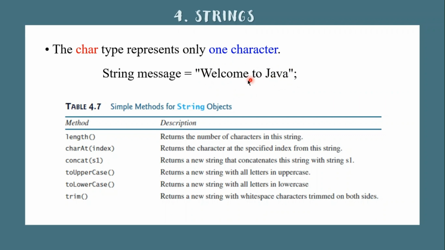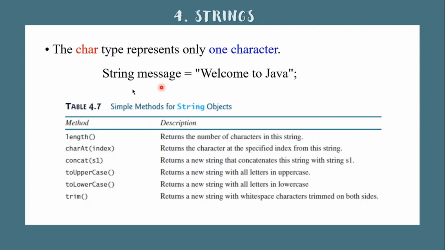Okay, so for example these spaces are also characters, and they are counted as characters in the message object. Okay, so message is an object and the class is string, and this is the value of it.